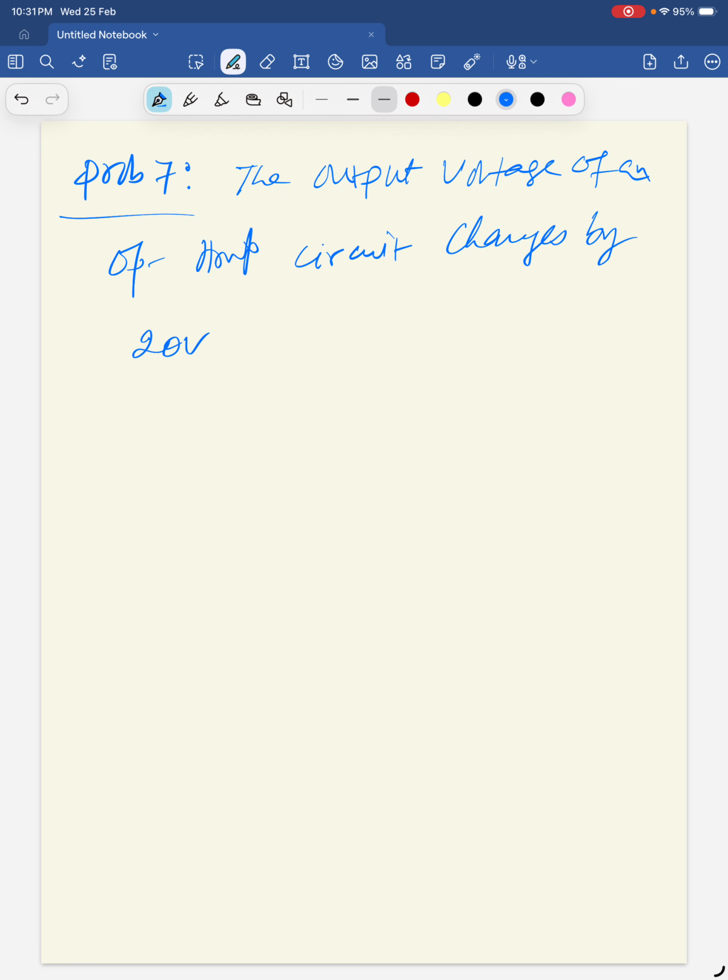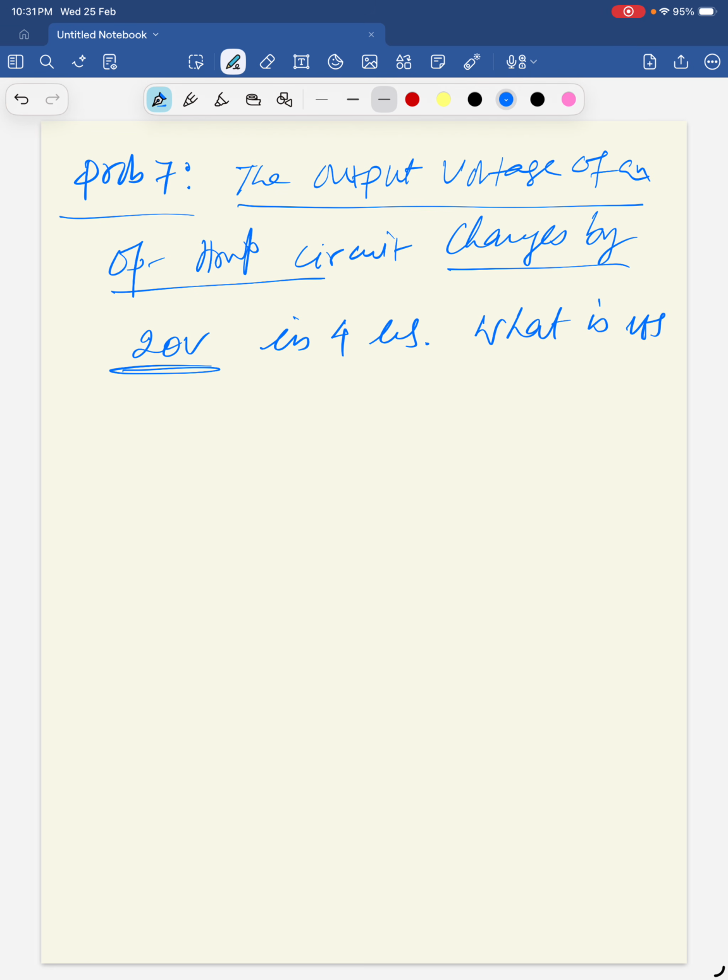So the output voltage change is given here. The output voltage of an op-amp circuit changes by 20 volt, in how much time? In 4 microseconds. So many things are given. What is its slew rate? It's very simple. What is a slew rate?